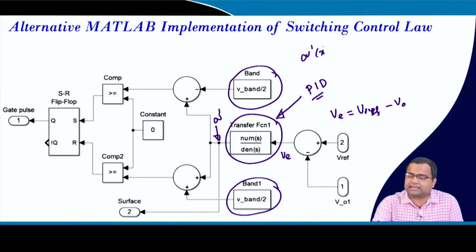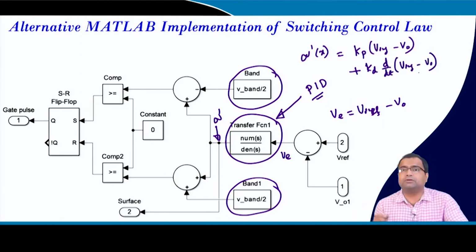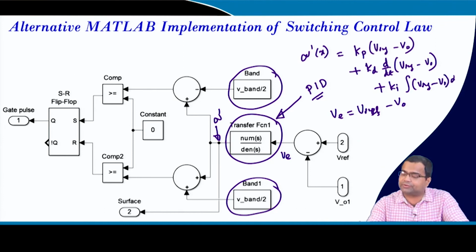So, I am taking the first state to be Kp into Vref minus V0, another state Kd into d/dt of Vref minus V0, plus Ki into integral of Vref minus V0 dt.